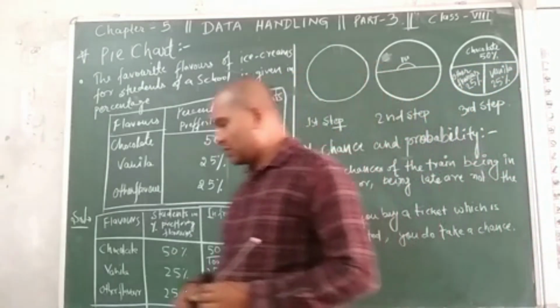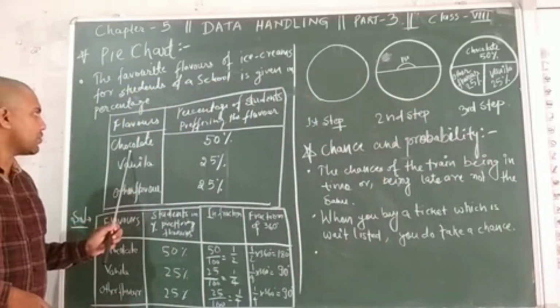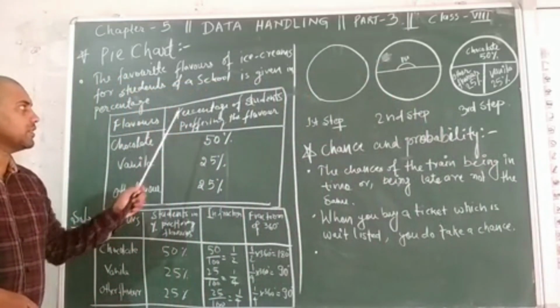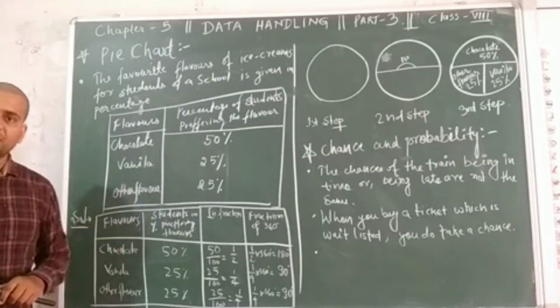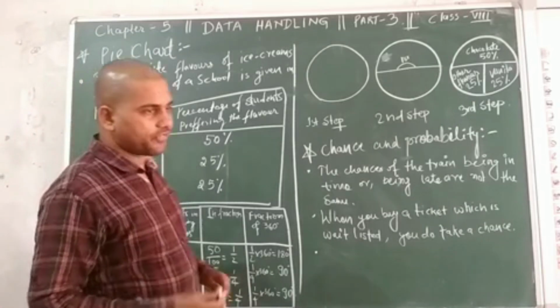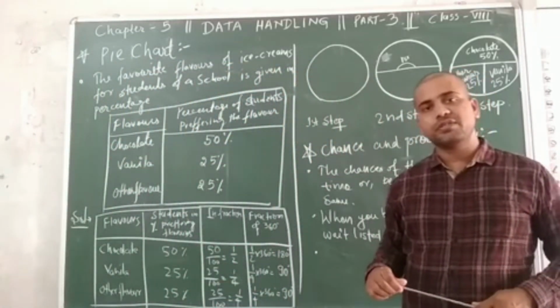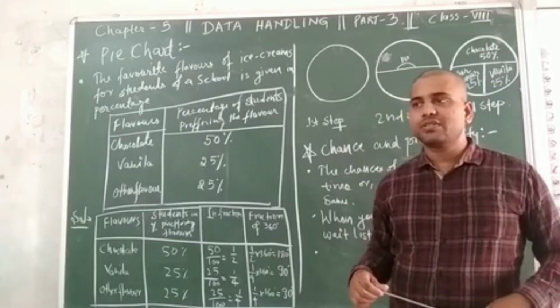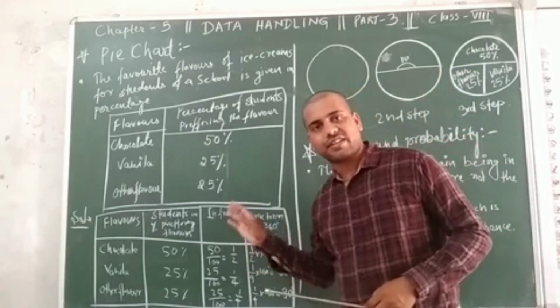On the basis of this data, chocolate as a flavor, the percentage of students preferring it is 50%, vanilla is 25% and the other flavor is 25%.